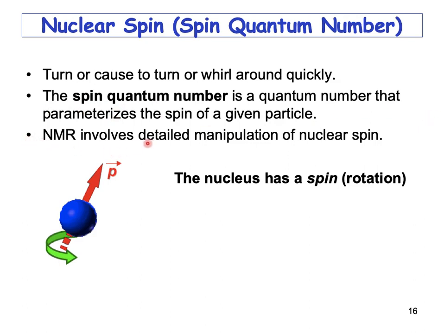So NMR involves the detailed manipulation of nuclear spin, because all nuclei have spin. Remember, nucleus is singular and nuclei is plural. Spin means rotation, so the nuclei of an atom are always rotating.